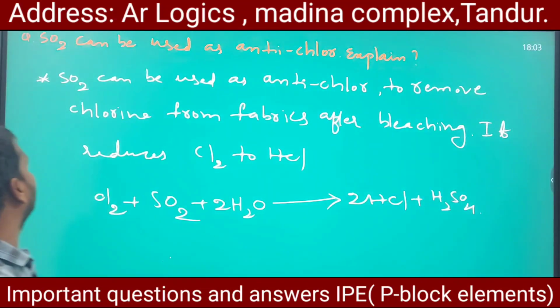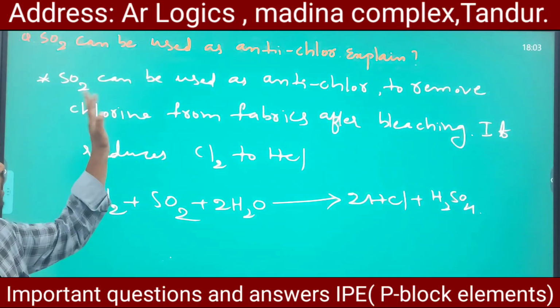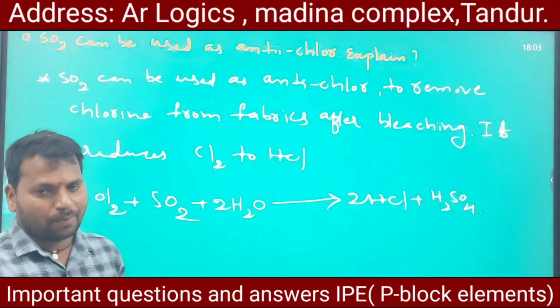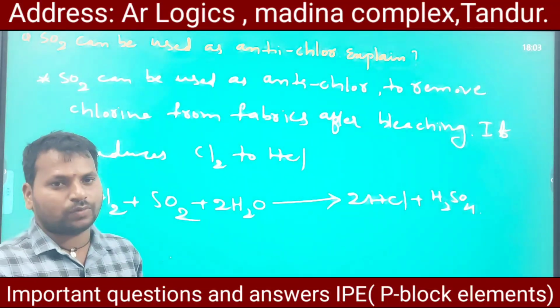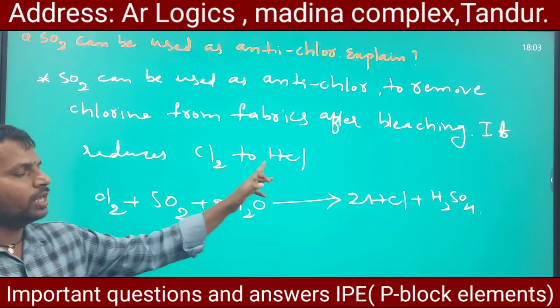Next one. SO2 can be used as an anti-chlor. Explain. SO2 can be used as an anti-chlor to remove chlorine from fabrics after bleaching, as it reduces Cl2 to HCl.